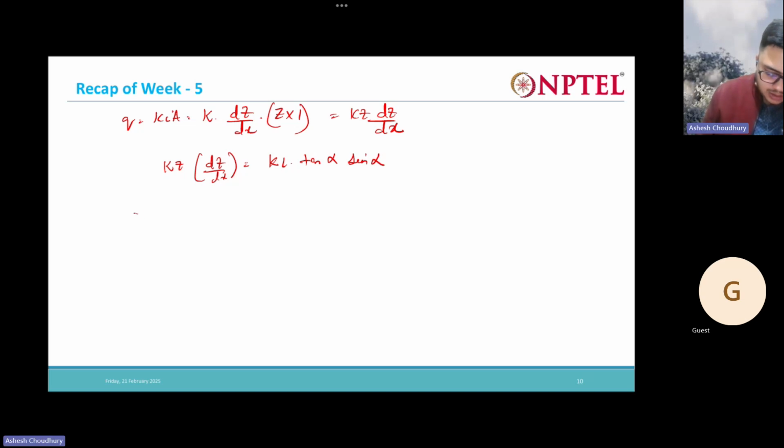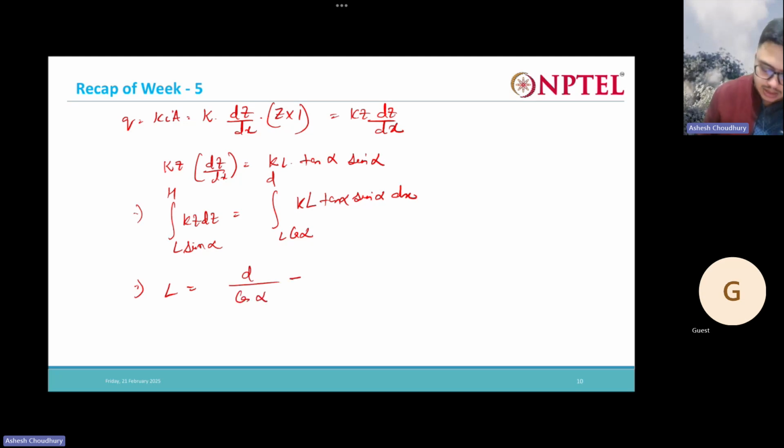Now if I integrate this from sine alpha h kz dz L to L cos alpha d a L tan alpha dx, I will get L as d by cos alpha minus root over d square cos square alpha minus h square by sin square alpha. So L I can find out.